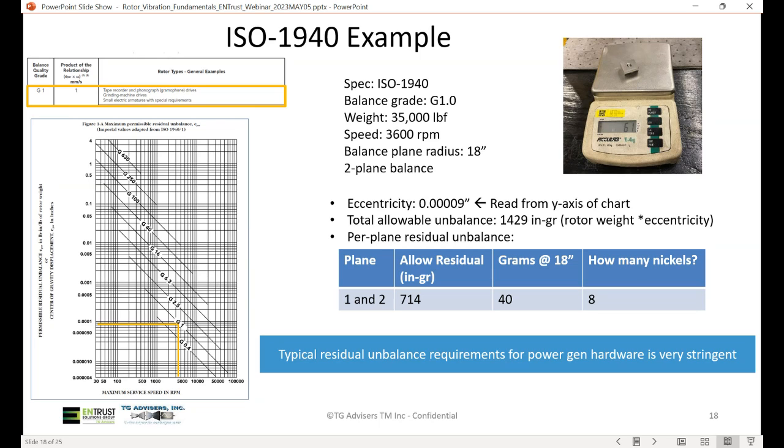Nickels are about 5 grams, so this is the equivalent of 5 nickels. The result of this calculation shows that the typical residual unbalance requirements for power gen hardware is very, very stringent.